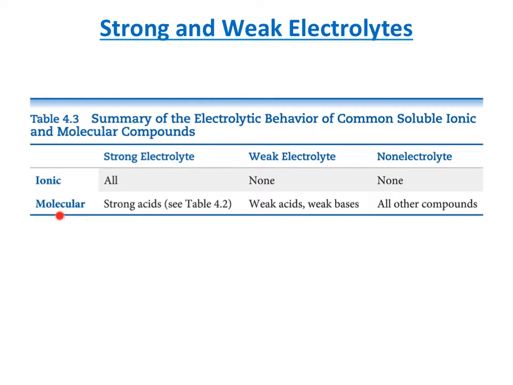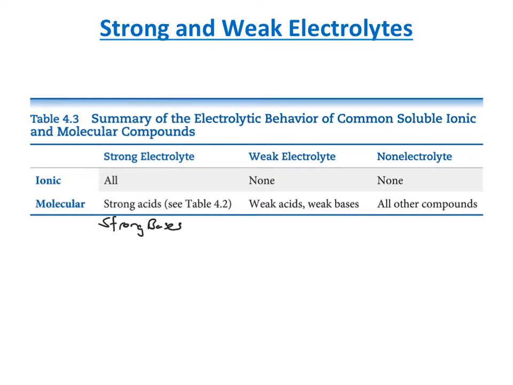Whereas molecular compounds can be broken up into strong acids, under which we could also write strong bases. So whenever we talk about strong electrolytes, these are going to be strong acids and strong bases. The molecular compounds that are weak electrolytes would be weak acids and weak bases.